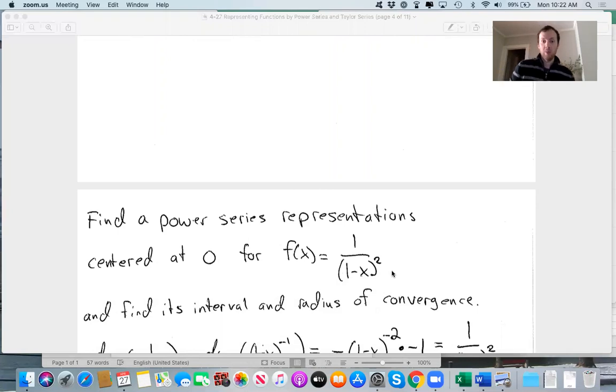F of x is 1 over 1 minus x squared. So what we've been doing so far is if you have something that looks like 1 over 1 minus something, we could find a series for that. But we don't have that right now.